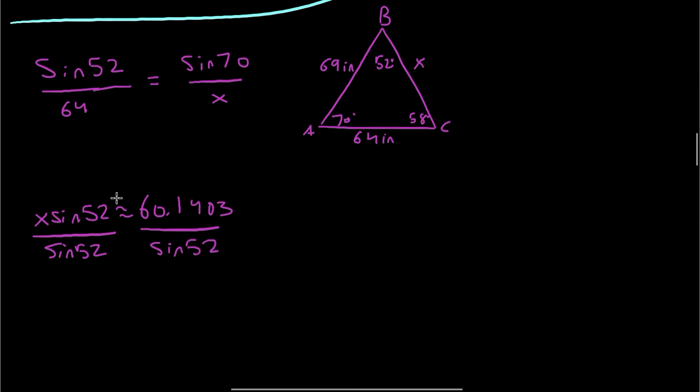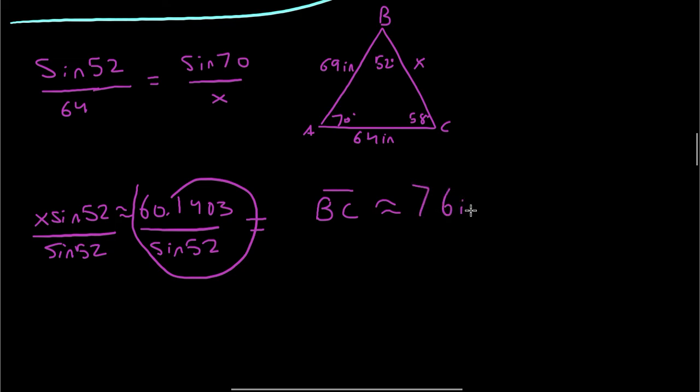So x is side length BC, so we can ignore x and make it side length BC, which is roughly equal to 60.1403 divided by sine of 52. It's roughly equal to 76 inches.